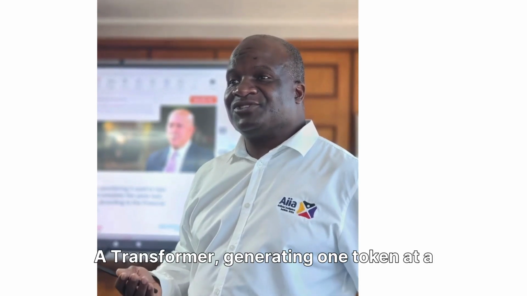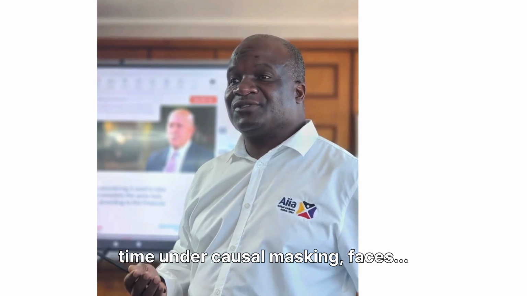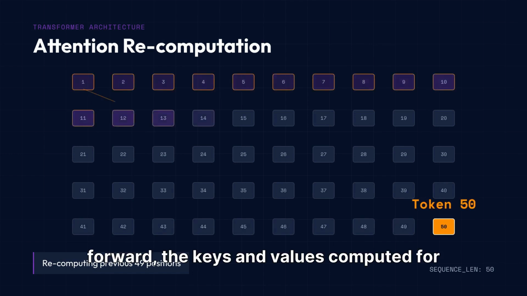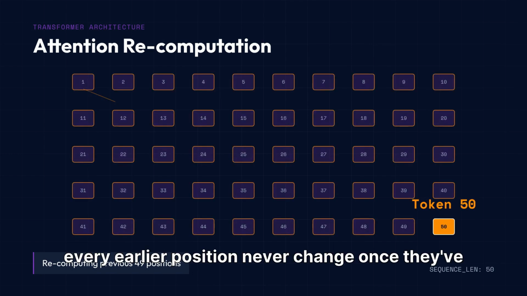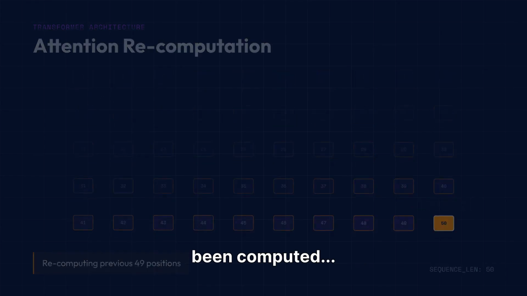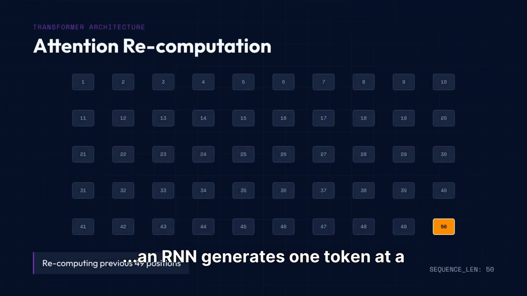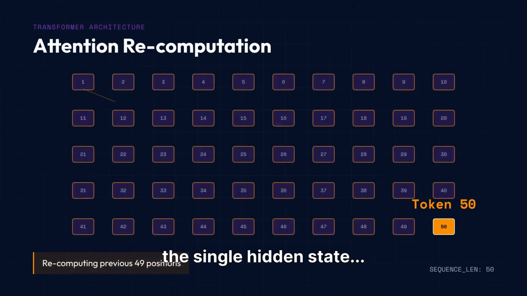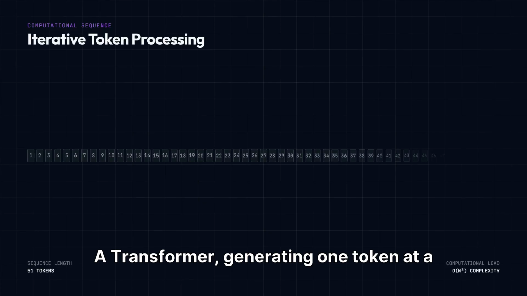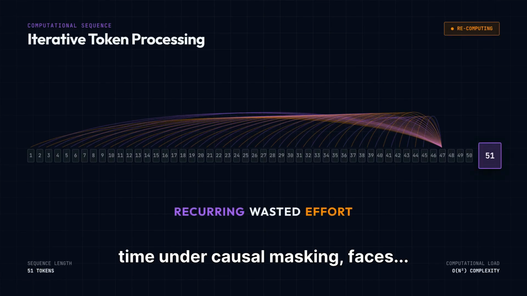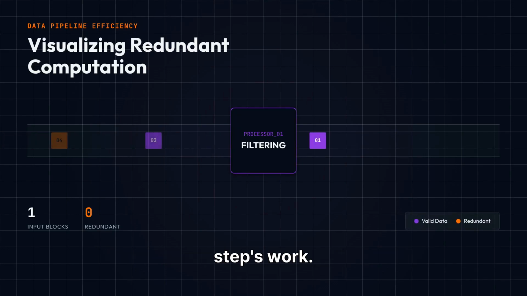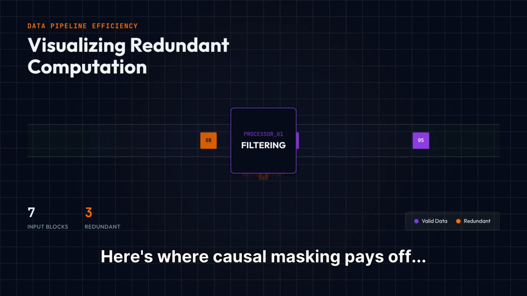A transformer generating one token at a time faces throwing away almost all of the previous steps' work. Here's where causal masking pays off.